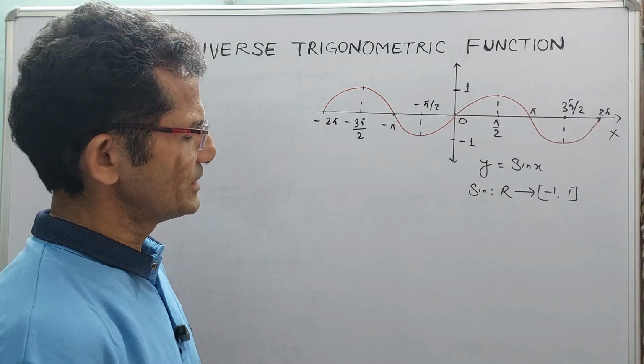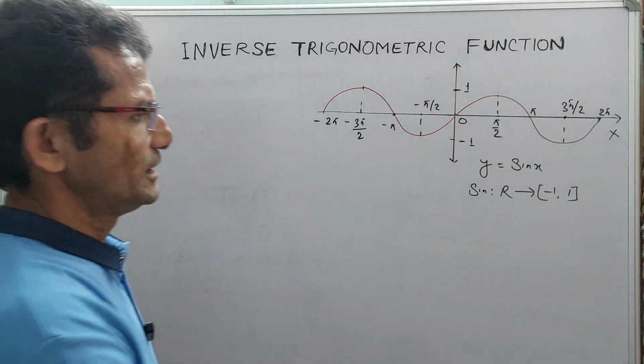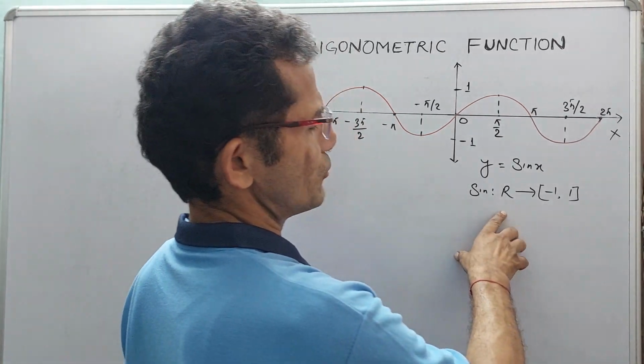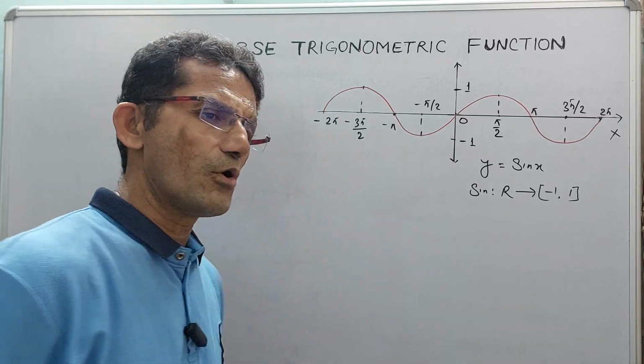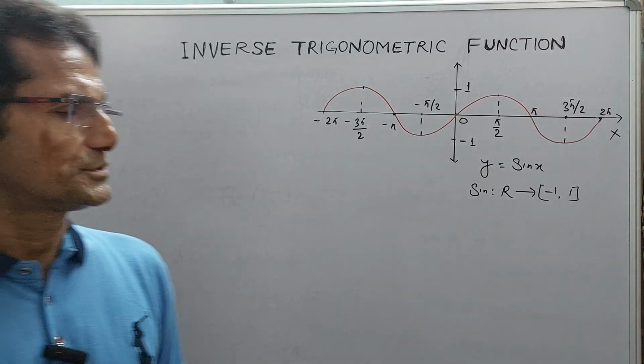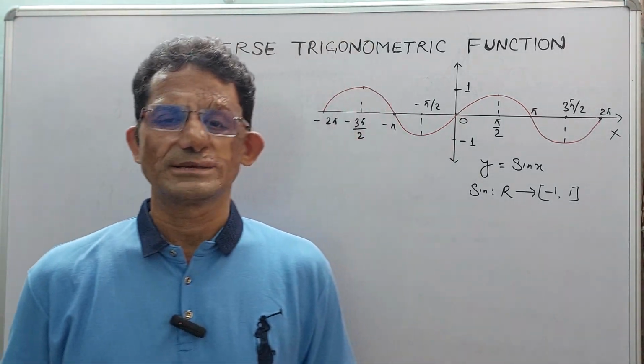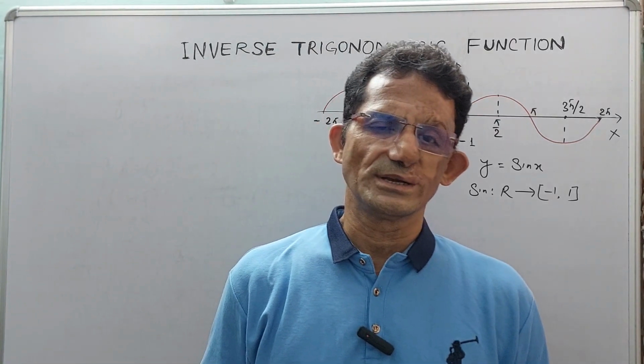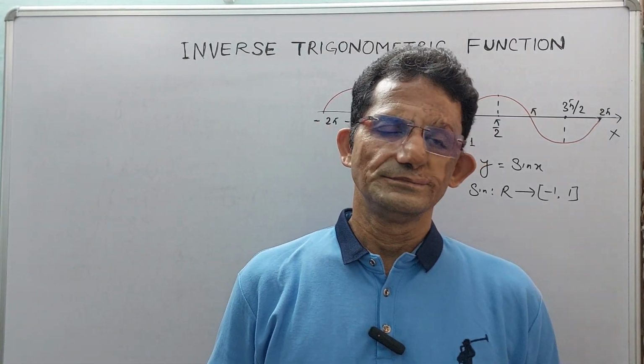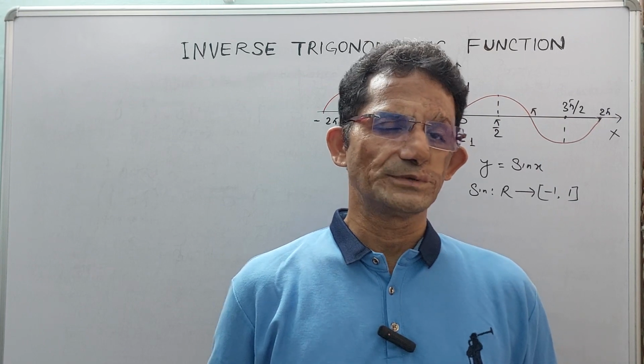So for the sine function, if its domain is R, it will not be one-one and onto. For finding the inverse of any trigonometric function, the function should be one-one and onto.